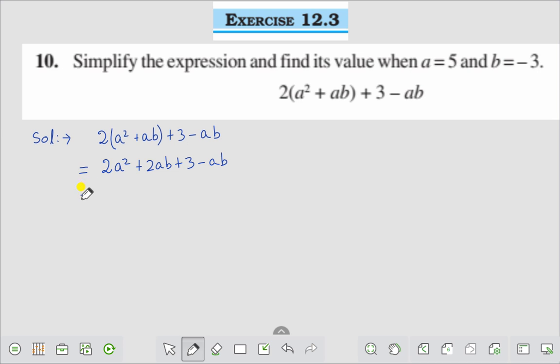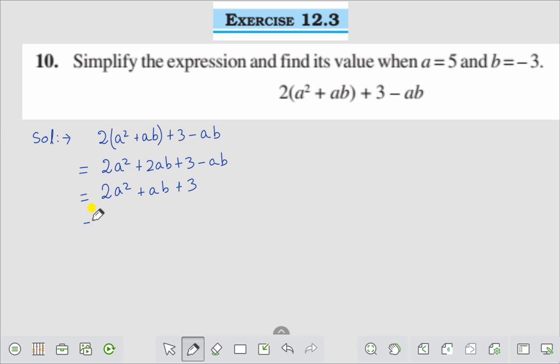Therefore, it is equal to 2a square, 2ab minus ab is plus ab, plus 3. Then we are getting 2a square plus ab plus 3.